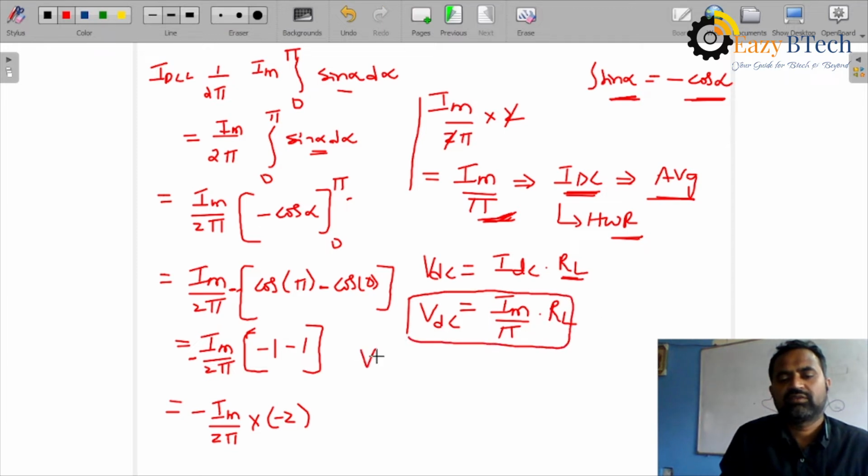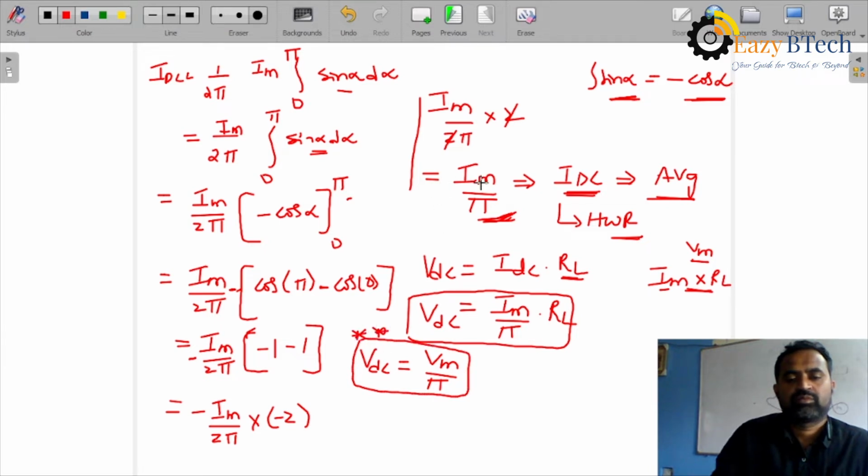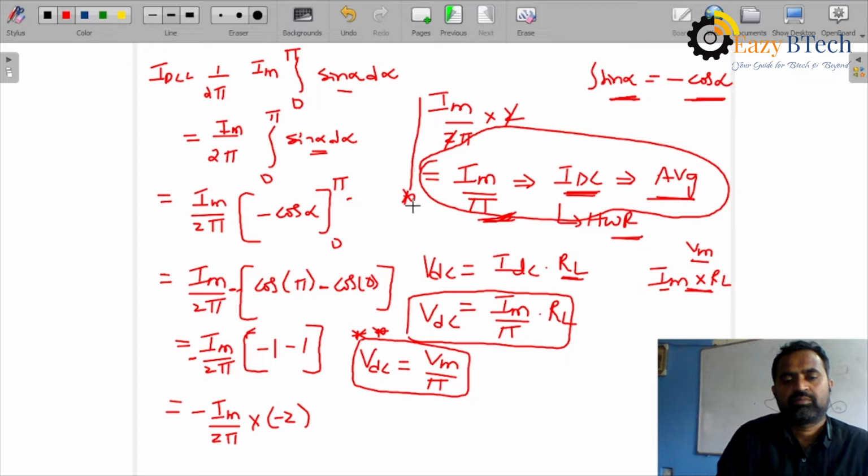From this, Im into RL can be written as Vm, so VDC is equal to Vm by pi. This is the average value of a half-wave rectifier. Students, just go through this.